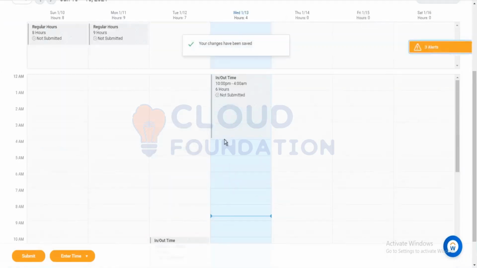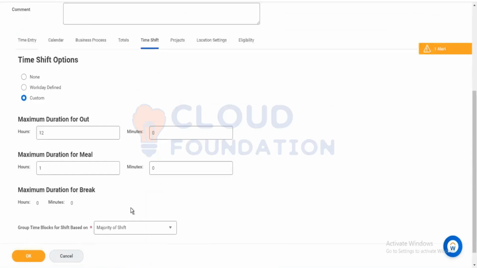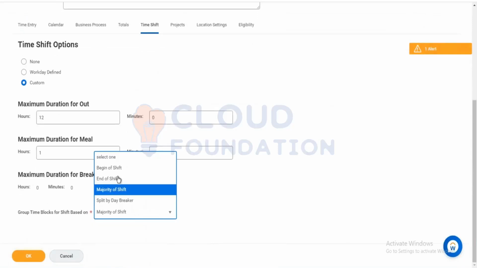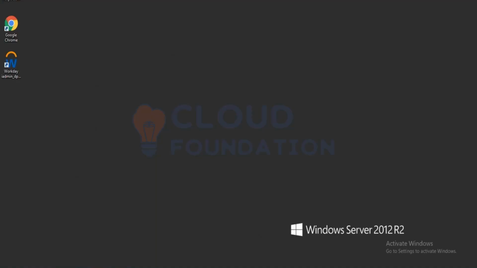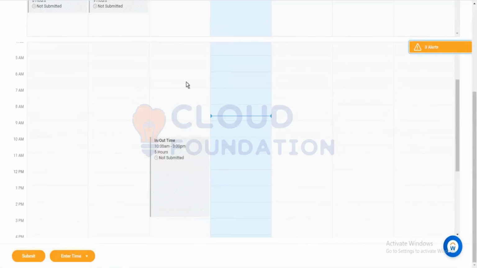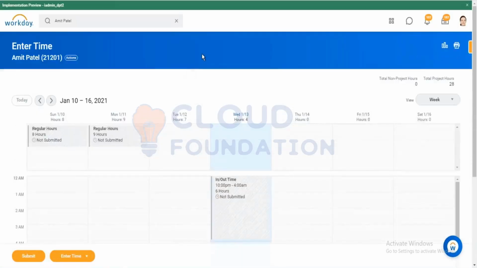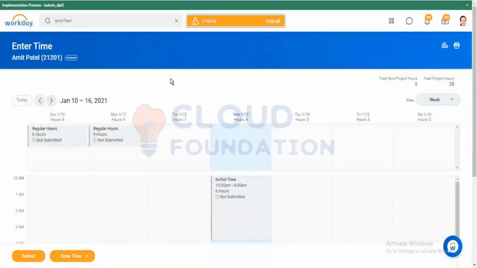If we make it the beginning of the shift, what will happen when the system pointer comes into the picture and sees if there is overtime or double time, it will always see the first block, and based on that, the overtime and double time would be considered.